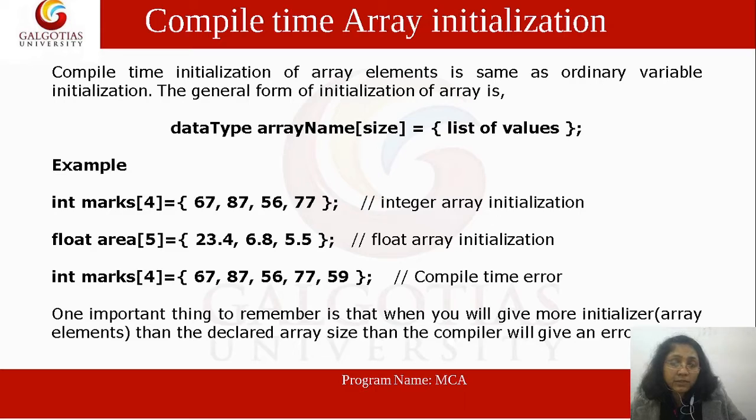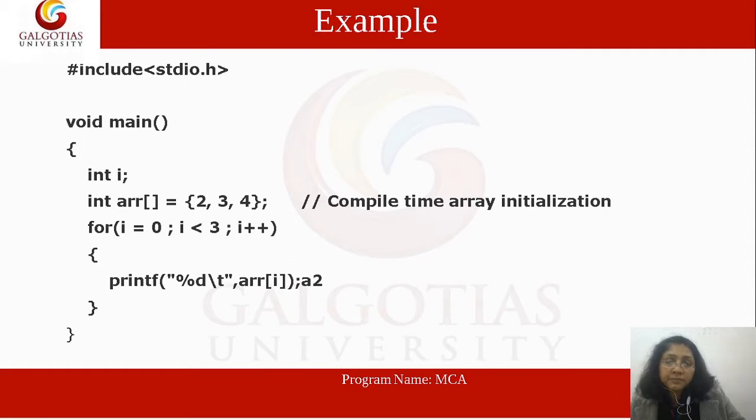One important thing to remember is that when you give more initializers than the declared array size, a compile time error will occur. Whereas in the second example, you will not get any error because the number of elements you are initializing with is less than 5.